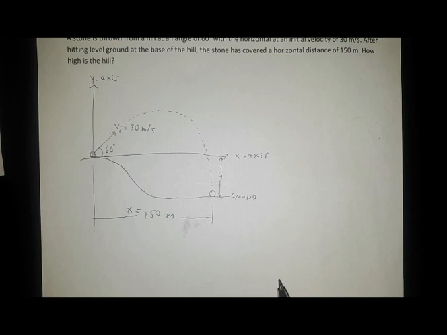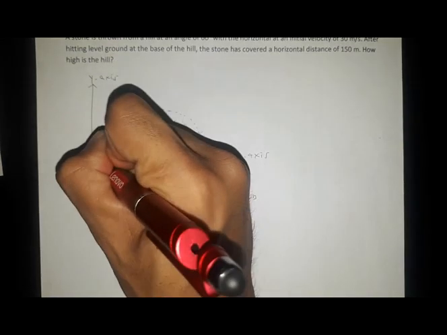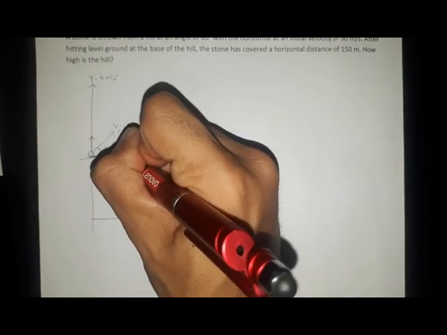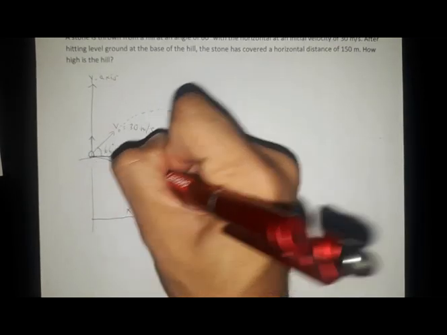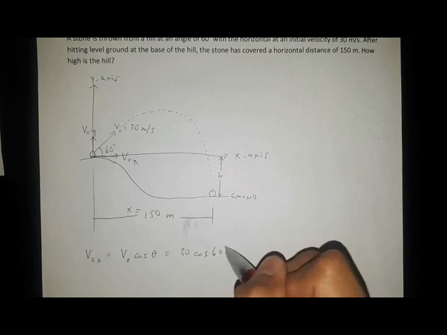So let us first take the components of the initial velocity, Vox and Voy. So your Vox is equal to Vo cosine theta equals 30 cosine 60 degrees.